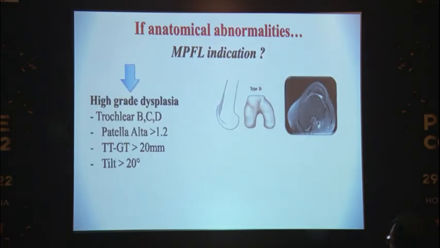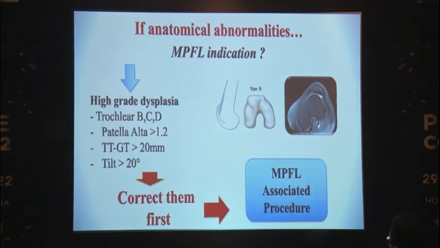So that's something very important. So you see that if you have a high-grade trochlear dysplasia, B, C, D, if you have a patella alta, if you have an excessive TTG, correct those factors, and then you do your MPFL. So MPFL is mostly an associated procedure than an isolated procedure in my hand.